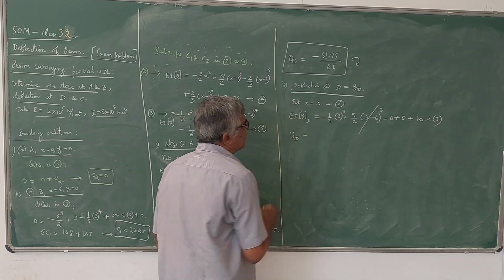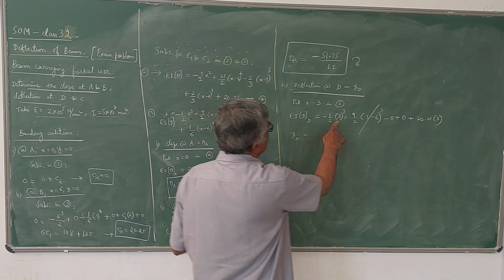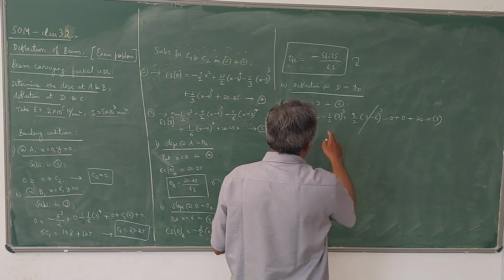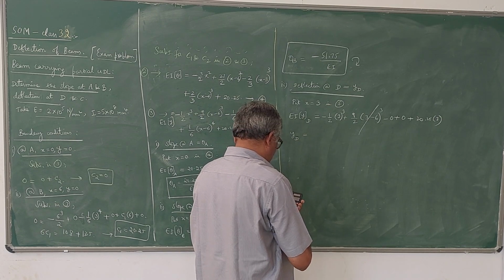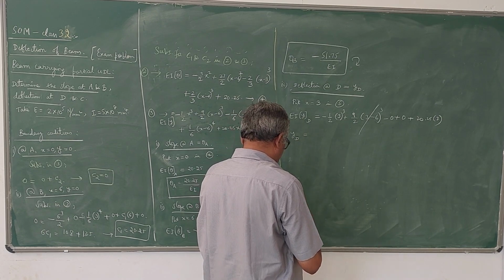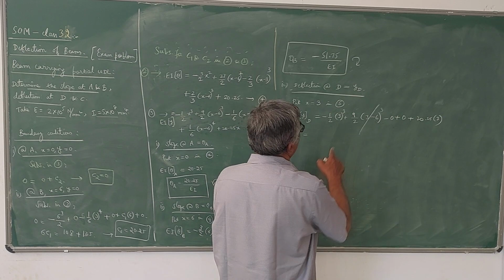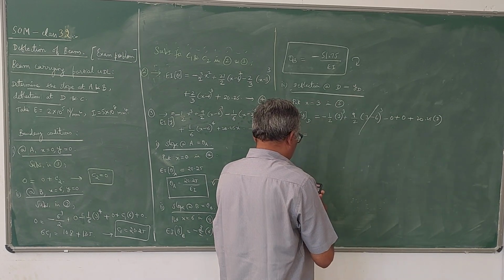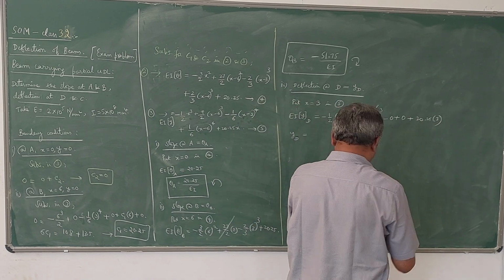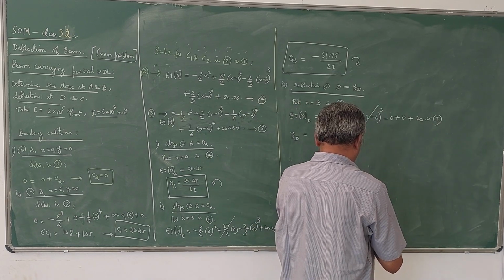So YD is equal to 27 divided by 2, that is minus 13.5. These are all zeros, plus, if you multiply these two, you get 60.75.